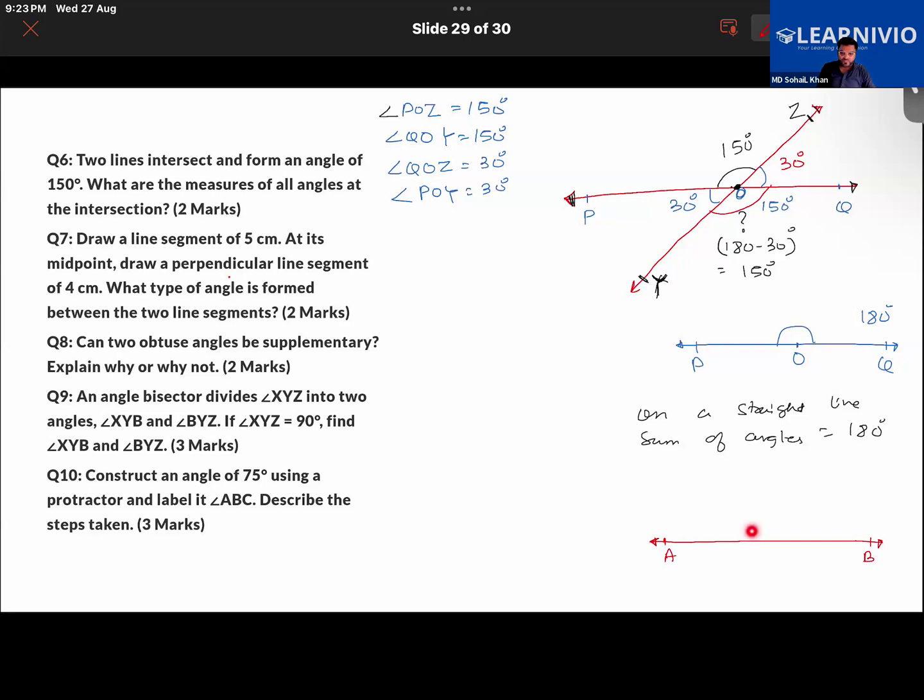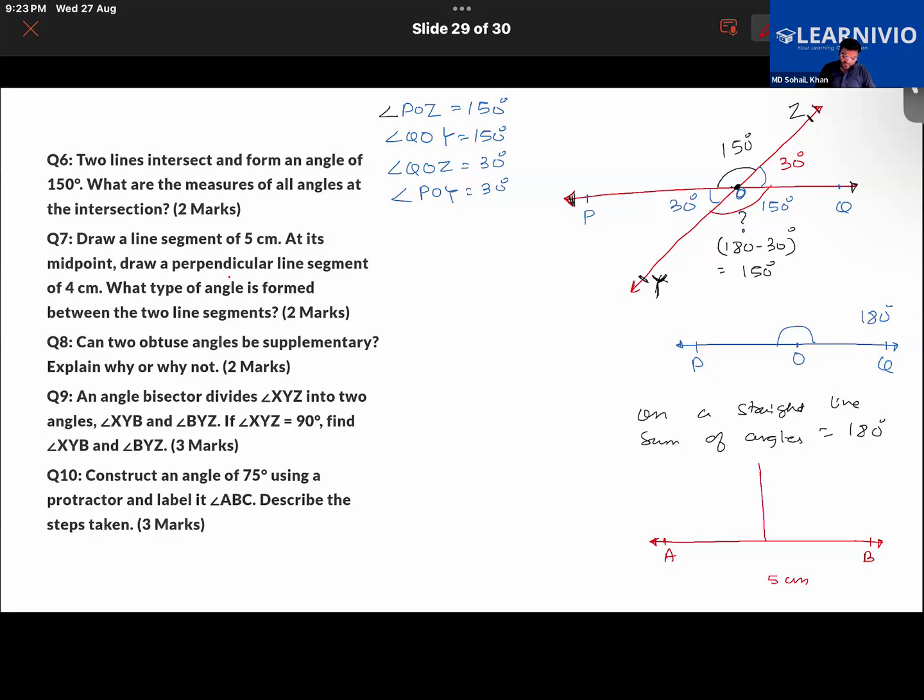Now do this question. Draw the line segment AB of 5 centimeters. Further, it says at its midpoint, draw a perpendicular line segment of 4 centimeters. Perpendicular means at 90 degrees, that is just vertically above it.